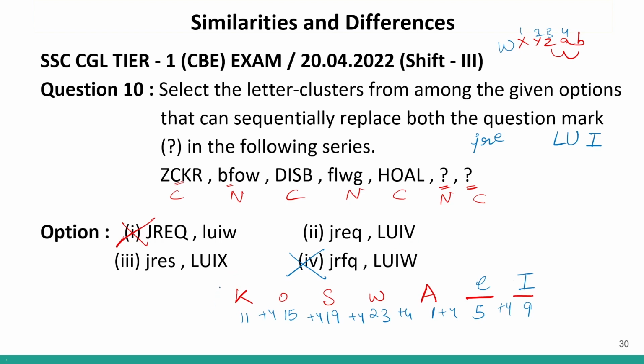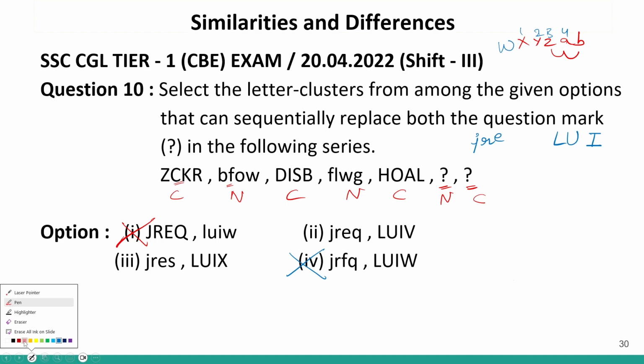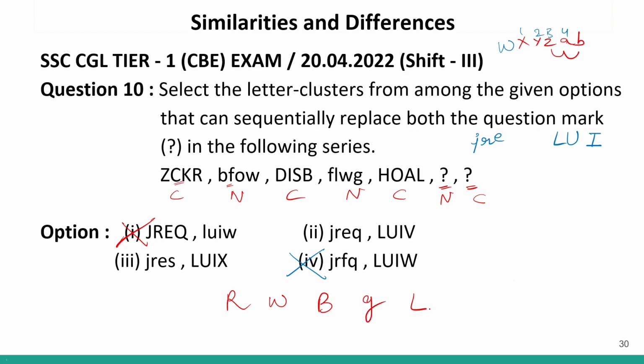So now the answer depends on the fourth series. So in the fourth series, let us write, we have R, then W, then B, then G, then L, and then two terms we have to find out.